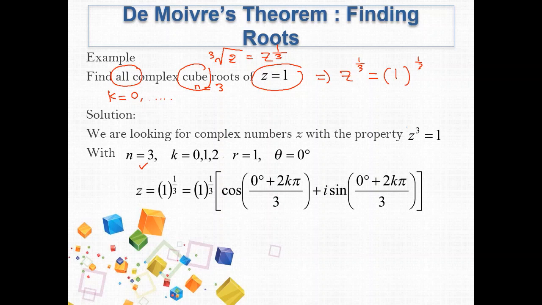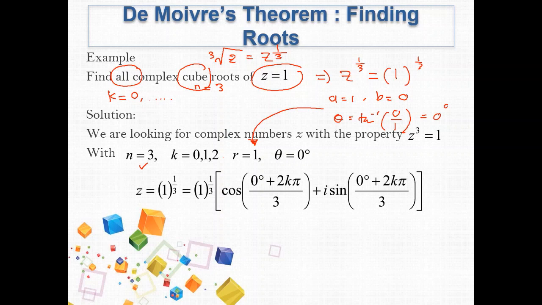Then you need to find your r here. You know your a is 1 and you have none for b. So you find your r. I don't want to repeat this many times. You can try this. You should get r equal to 1. And for theta, when you apply arctangent of b over a, you get 0 degree.